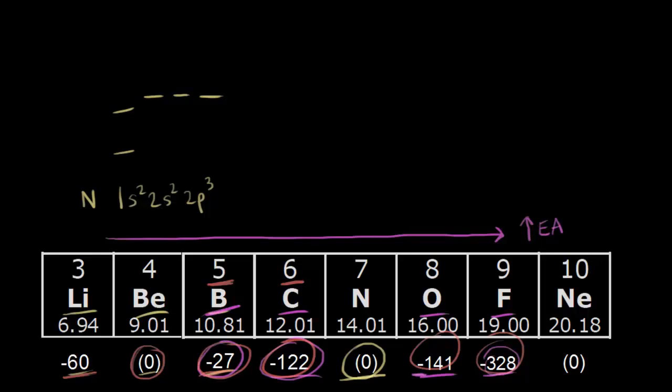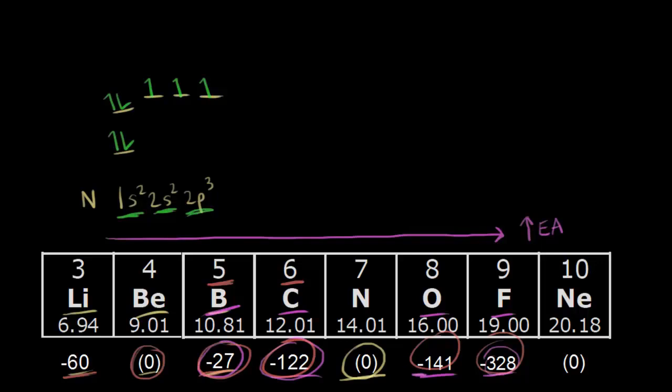We have 2 electrons in the 1s orbital, 2 electrons in the 2s orbital, and then when we get to the p orbitals, right, we have 3 p electrons. So we're going to put 1 electron in this p orbital, 1 in this one, and then finally 1 in this one. So that's the neutral atom.